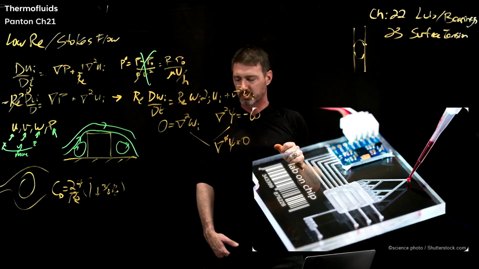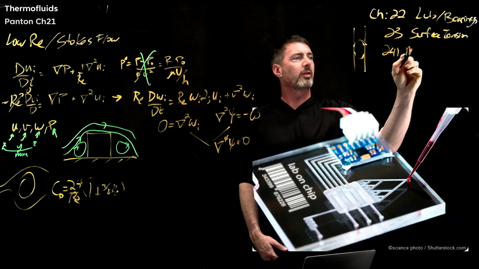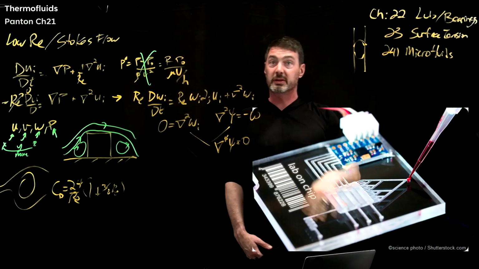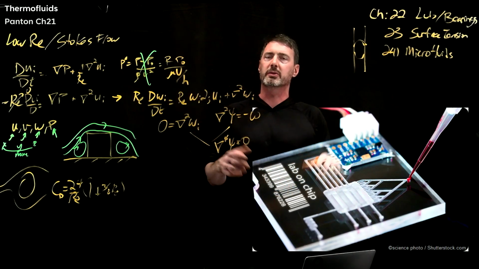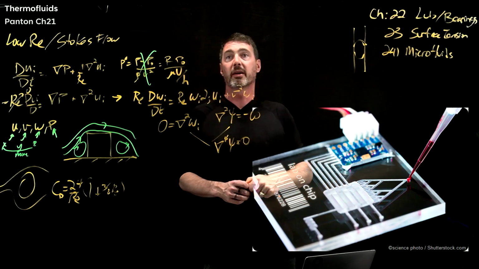It's a good introduction. And then the last one here, chapter 24, is on microfluidics, so a good introduction to this application. Especially if you're interested in biomedical engineering, this is a really interesting area to go into.